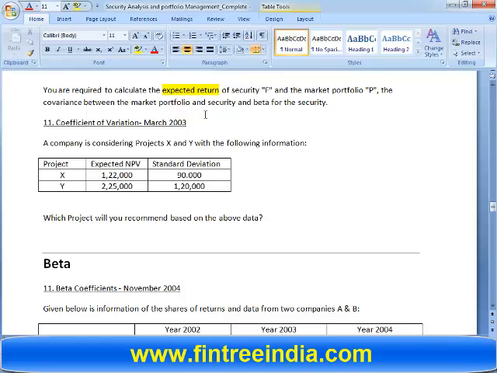Yes, how should we decide? How do we calculate coefficient of variation? Mean divided by standard deviation, or standard deviation divided by mean?